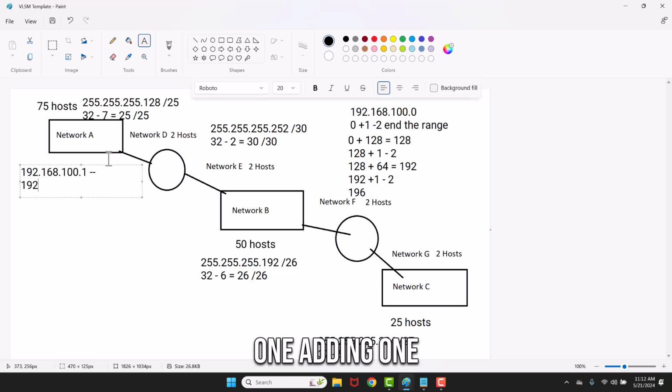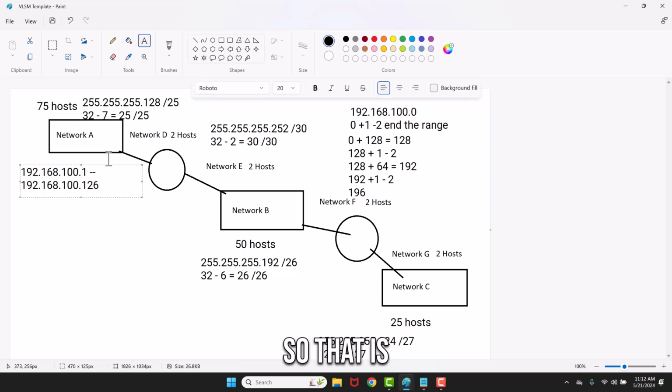So it'll be 192.168.100.1, adding 1 to the network ID of 0, going down to the next network ID, which is 128, and subtracting back 2. So it'll be ending the range at 192.168.100.126.